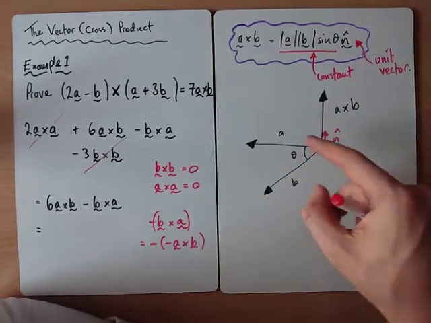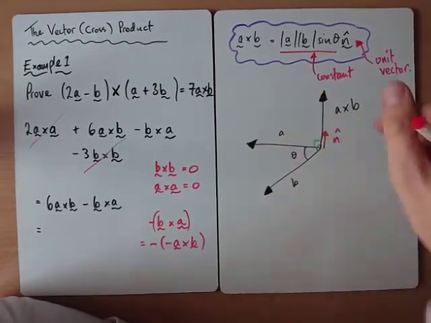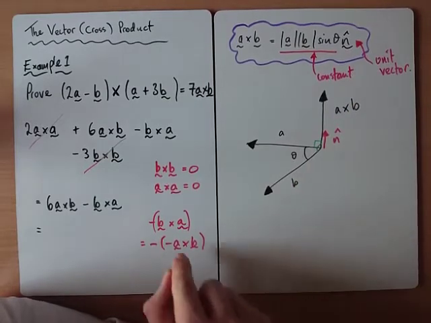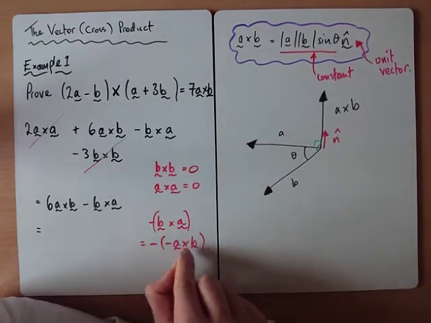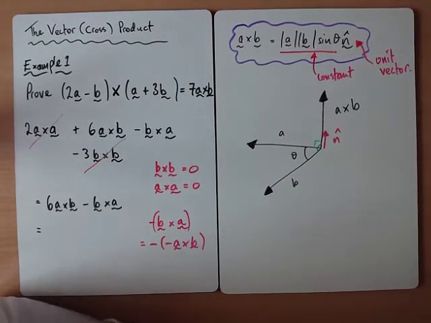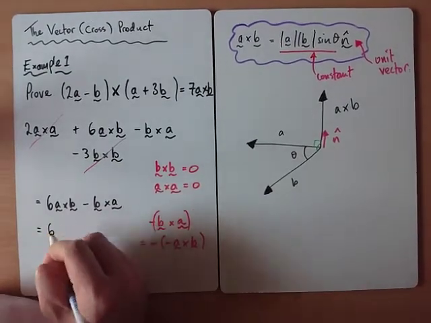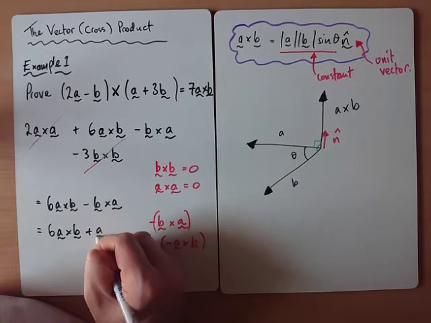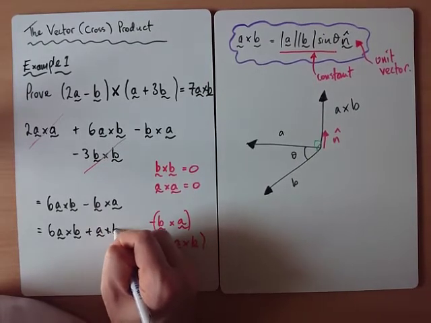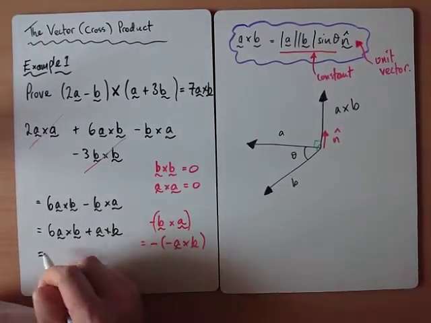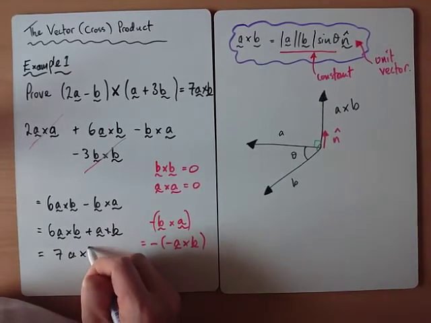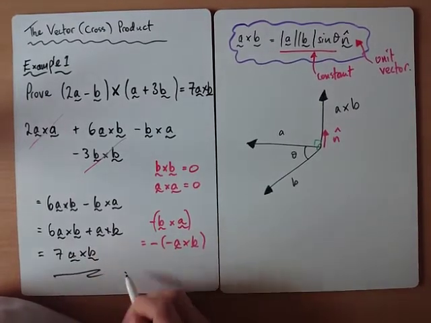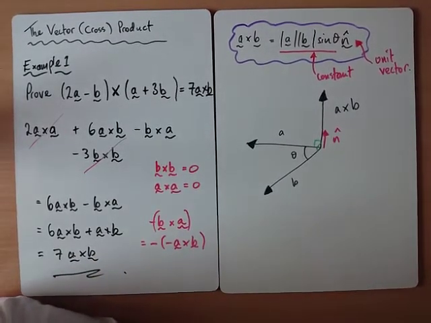If you were going to cross product them the other way around, you'd end up with a vector pointing in the opposite direction. So B cross A would be minus A cross B. So that gives us seven A cross B as required.